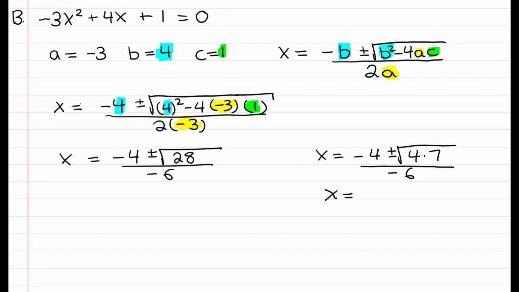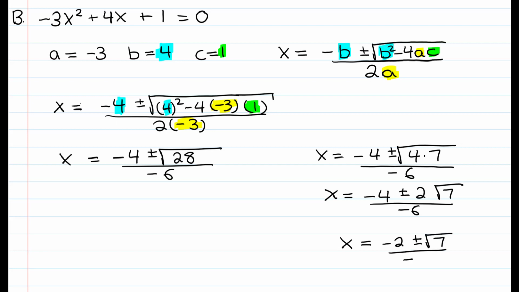That means x is equal to -4 plus or minus 2, because the square root of 4 is 2, times the root of 7, divided by -6. Now I can see that all coefficients and constant terms have a factor of 2, so I can divide every term by 2. That will give me -2 plus or minus root 7 divided by -3 as my simplified answer.